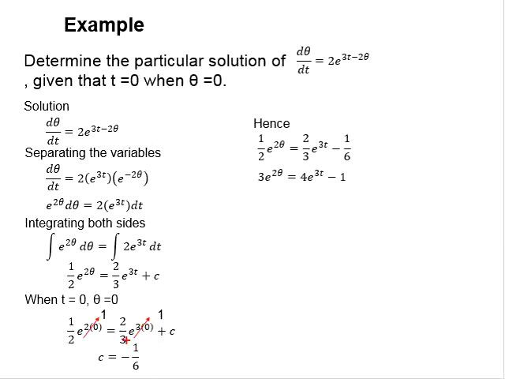With that, you are able to solve c equals -1/6. Substitute the c into the equations after you integrate. You will get this. Rearrange the equations, you will obtain this. And this will be your solution for the differential equation.